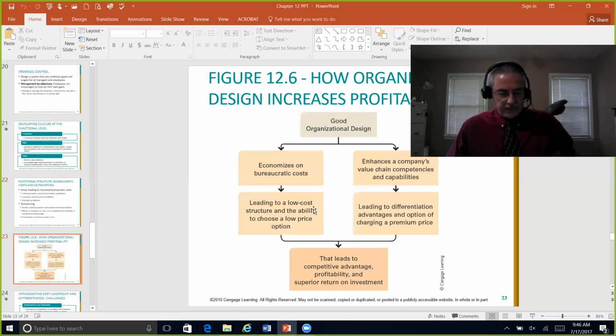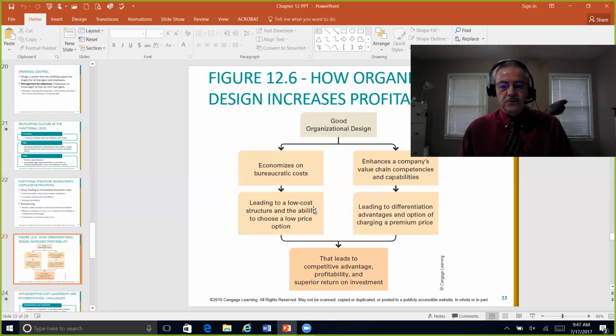Here's figure 12.6 over on page 420, a way to look at the different organizational designs to increase profitability, one through implementing economies on bureaucratic costs compared to enhancing a value chain throughout the organization.